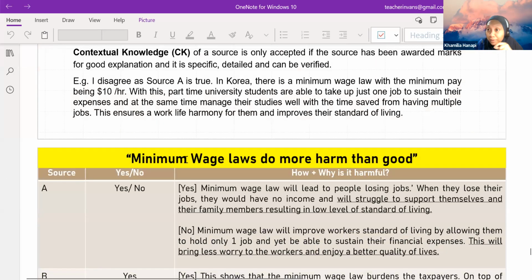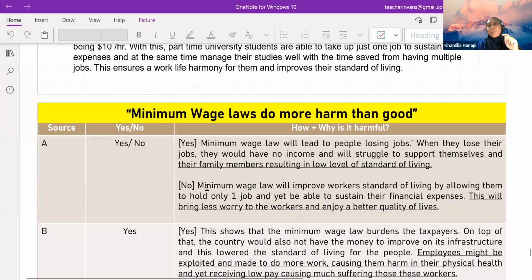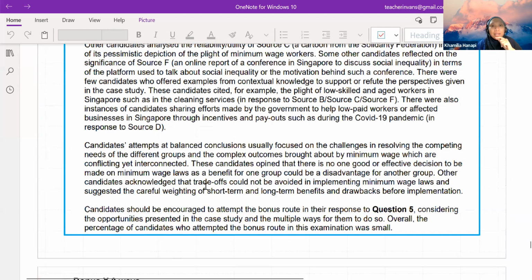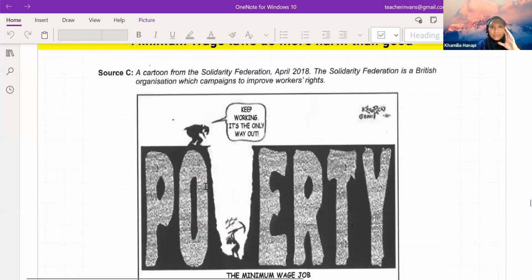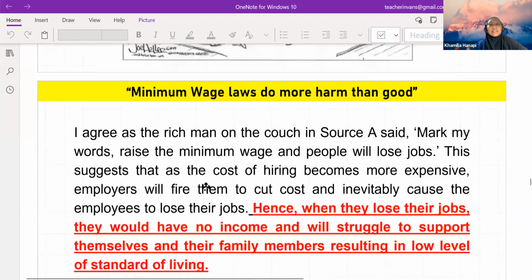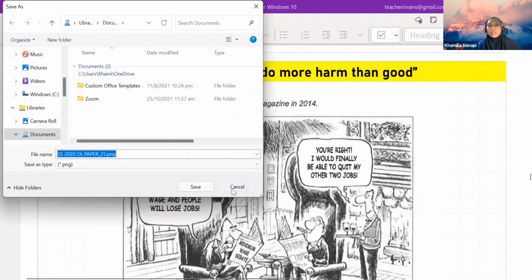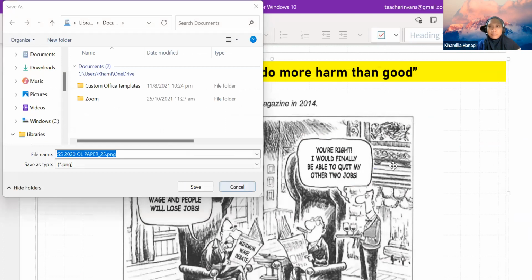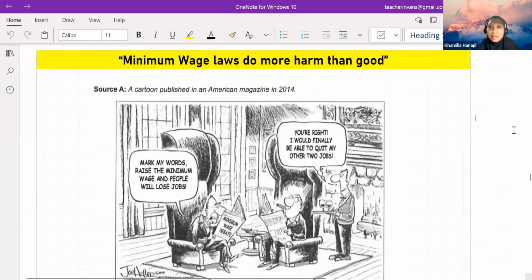The most important thing is what is the source detail, or what is the thing that you have identified. For example, when I look at source A specifically, remember we talked about source A? We said that for this particular question, it is both a yes and no. It does harm.